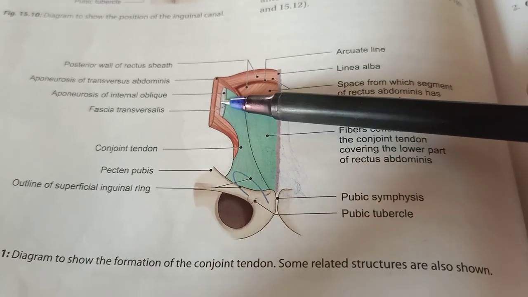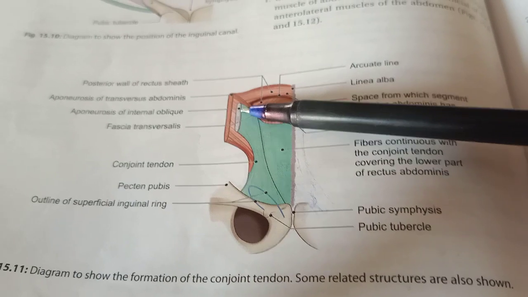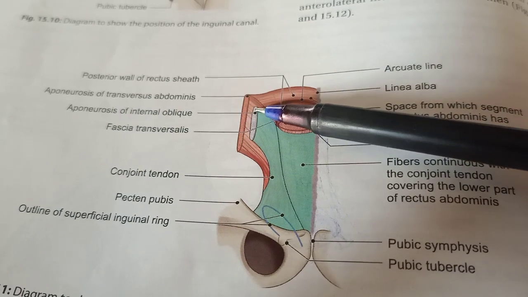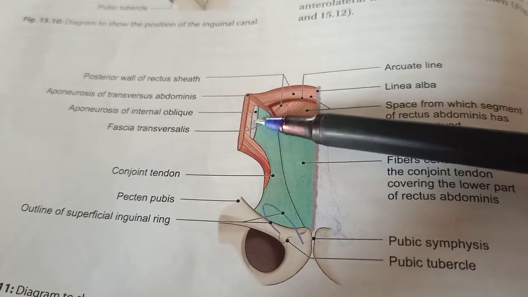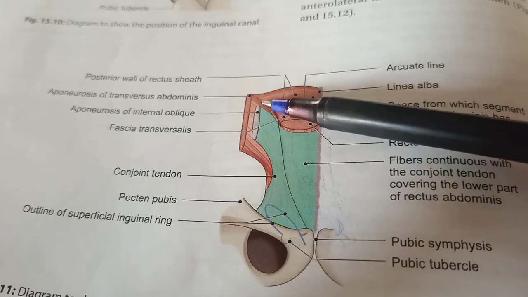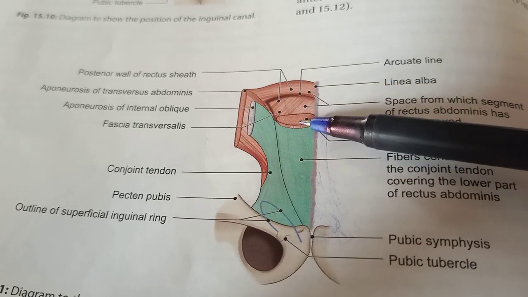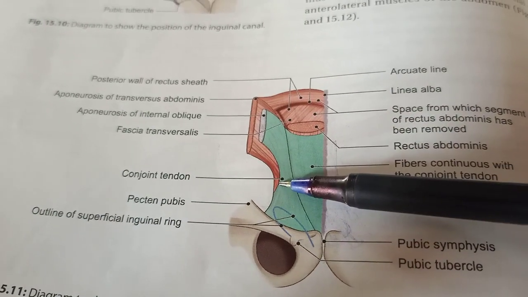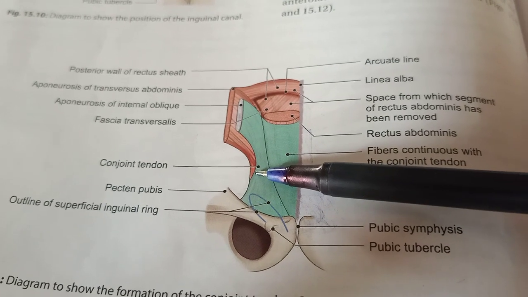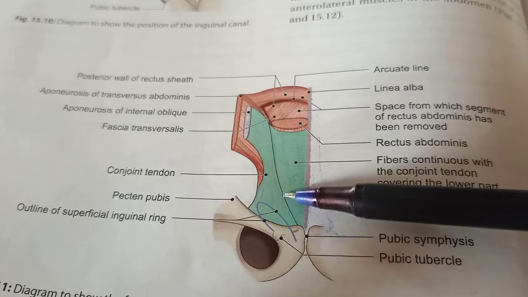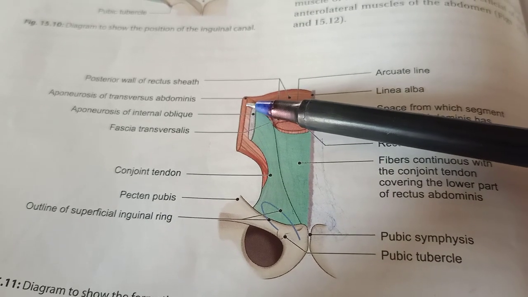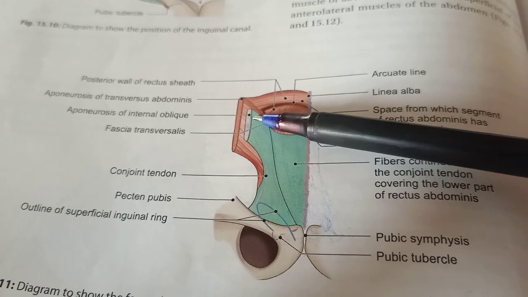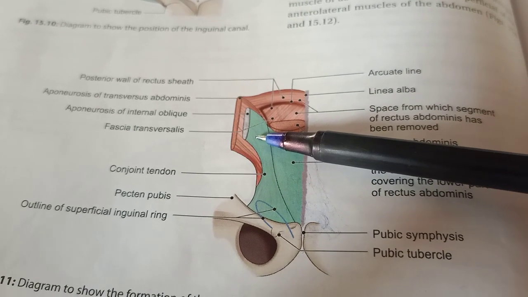If you see in the diagram, this is the aponeurosis of internal oblique, then the aponeurosis of transversus abdominis, and this is rectus abdominis muscle. So this is your conjoint tendon. Again I will repeat, it is formed by the lowest aponeurotic fibers of the internal oblique aponeurosis and the aponeurosis of transversus abdominis, the lowest part where it is attached to the pelvic bone.